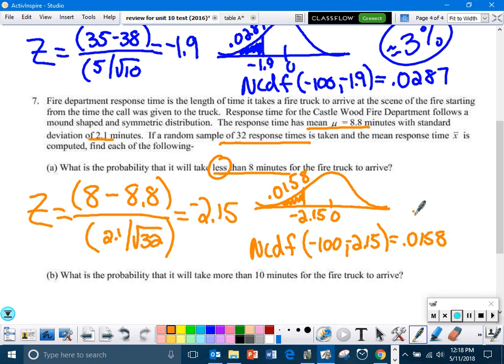And that'll be about 2%. So there's a 2% chance that the fire truck will get to the scene of the fire in 8 minutes or less.